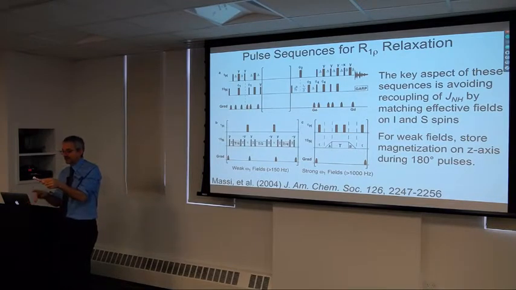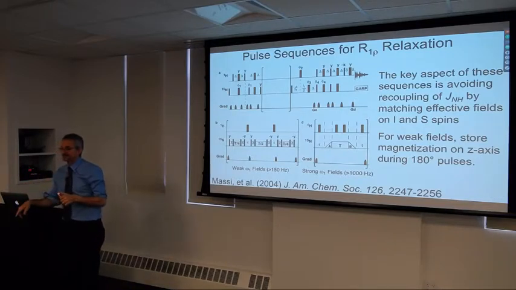If we don't, if this is the effective field and the magnetization is here, then there's one component that's locked and another component that's orthogonal to the effective field in the vector sum representation. The component that's orthogonal to the effective field is going to rotate around the effective field with a frequency omega e. Two things will happen. One, that magnetization component relaxes with R2 rho, which is usually much larger than R1 rho, so that component decays very quickly.